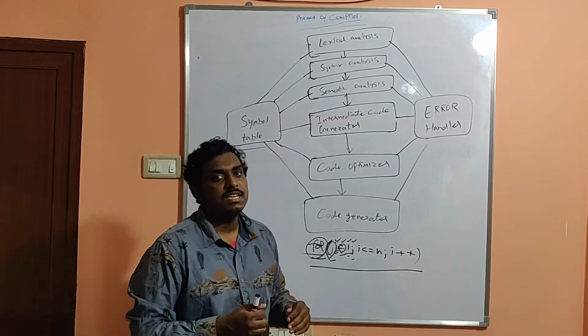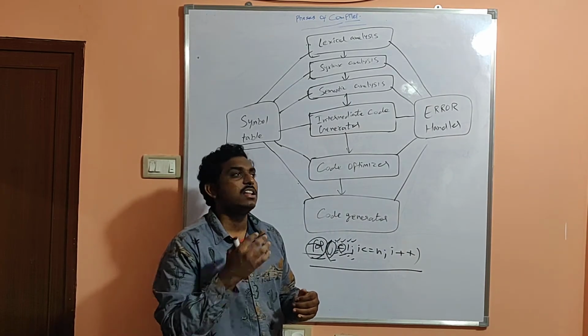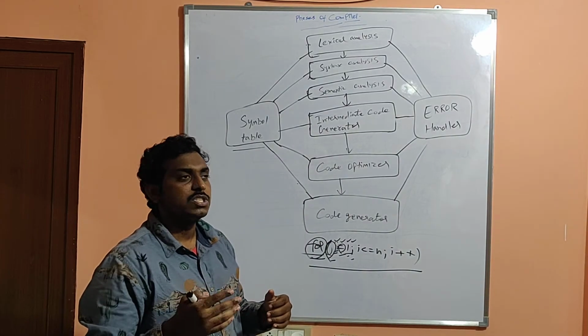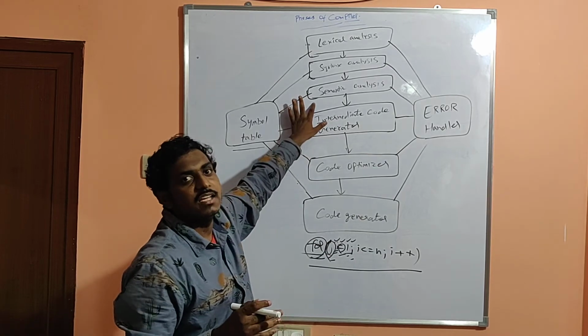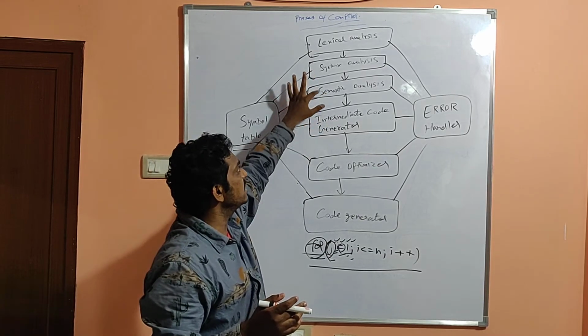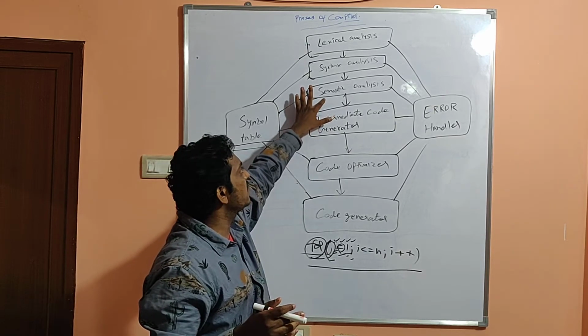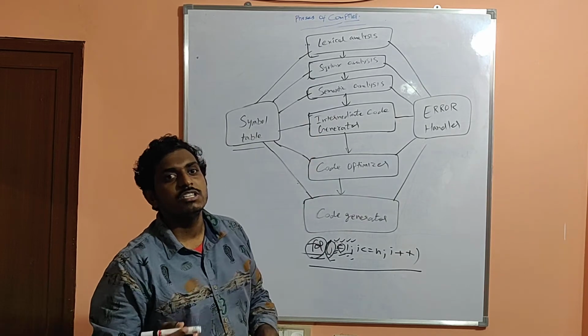If there are any integer values, it converts the integer values to real values. If there are no integer values in our input, there will be no change in the tree; whatever the syntax tree is, the same tree remains constant. After semantic analysis, it moves to the intermediate code generator.